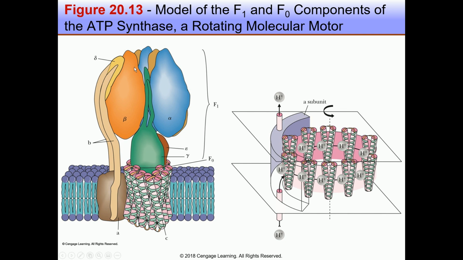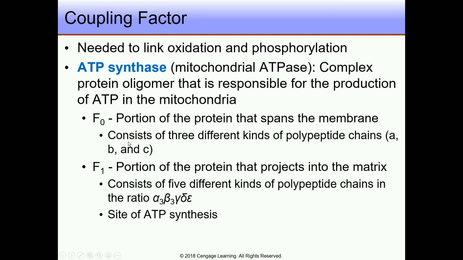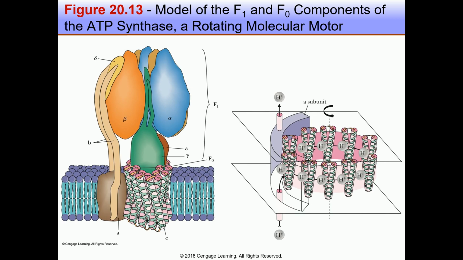Now the protons are going to enter into FO, and then they are going to move through F1. And when these protons flow back, when they pass through FO and go through F1, in this process they actually change the conformation of the F1.